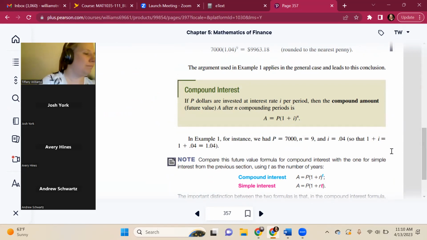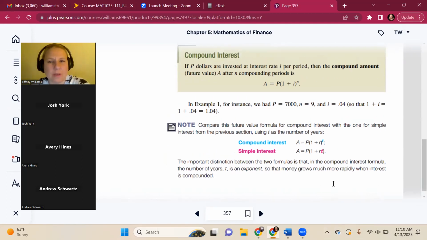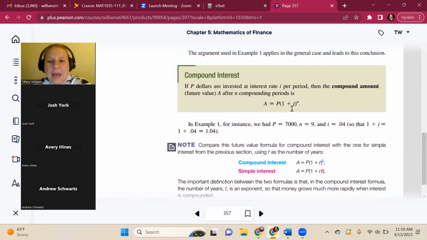Let me see if they actually give us a better formula here. Guys, the way they write this formula is confusing. Does anybody remember the compound interest formula? Because here this i actually has pieces wrapped up into it that the formula doesn't talk about, and the n does as well.